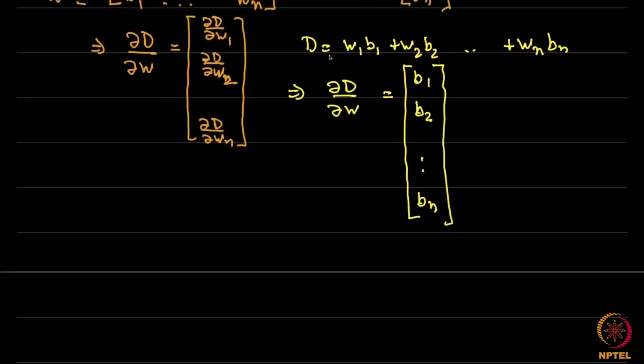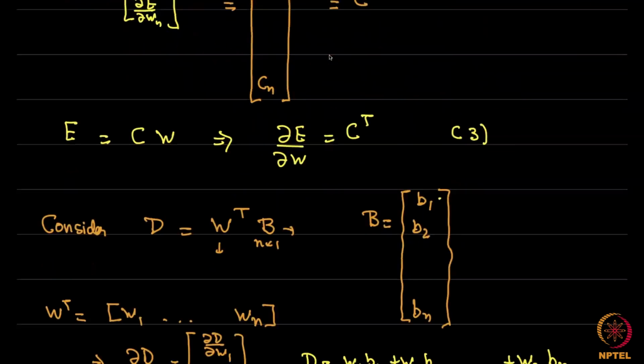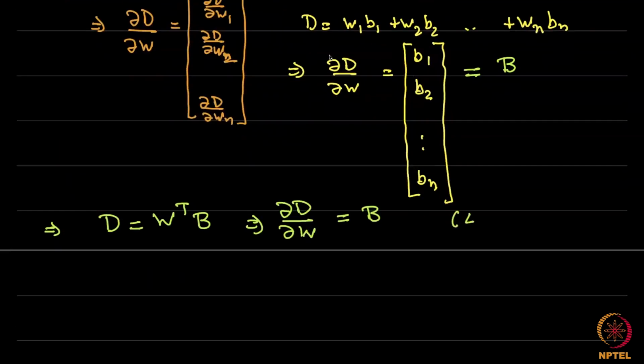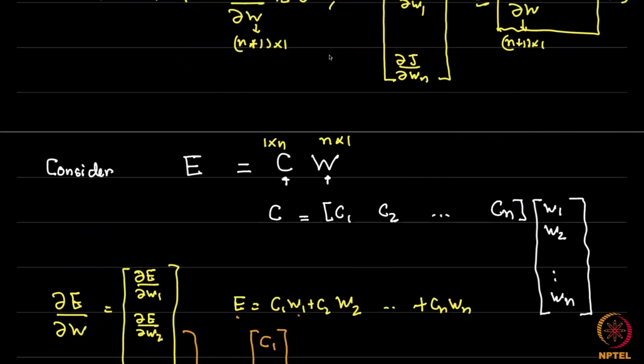So this is exactly the same as the original matrix B. So this tells you that if D is equal to W transpose times B, then del D del W is simply equal to B. Let's call this equation, the previous equation was 3, this equation as 4. Now we are going to use 3 and 4 to solve for the linear derivatives.